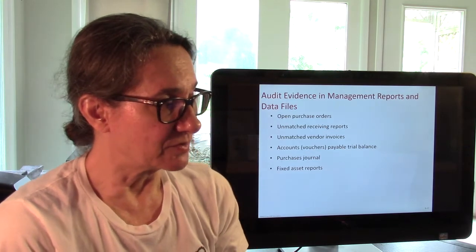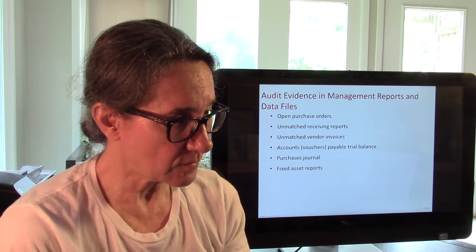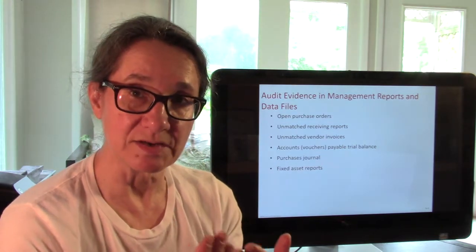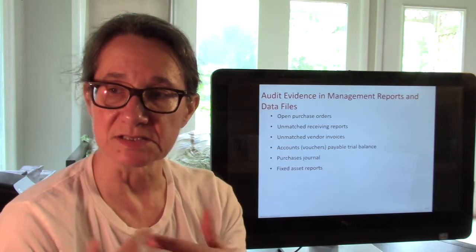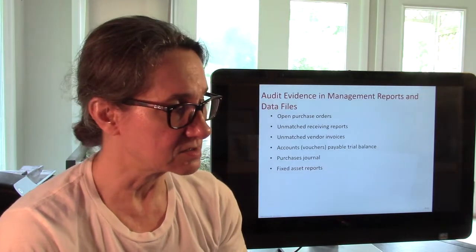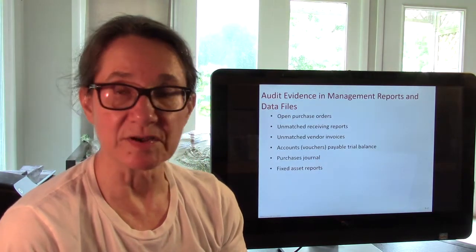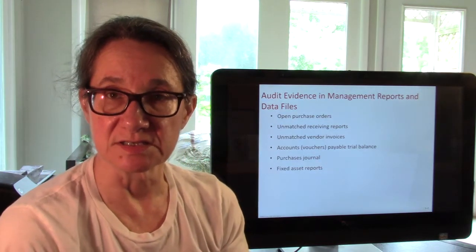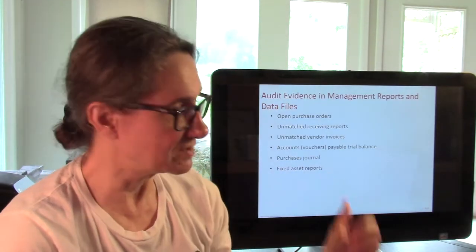We should be able to look at the trial balance, right? So everybody we owe money to on a payable, we should be able to print that out, see what the balance is, see who it is. There should be a purchases journal we can look at, right? Every time something gets purchased, it gets chronologically listed in the purchases journal. And there should be a fixed asset report.